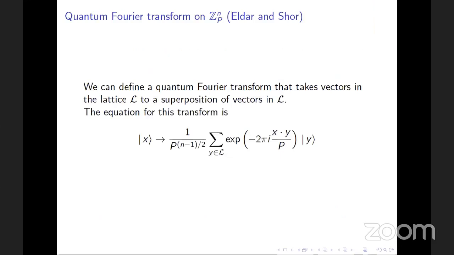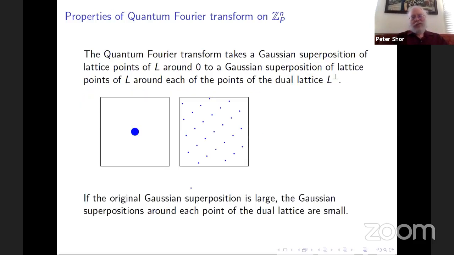If x times y is a multiple of p, then this is just 1. So maybe explicitly it's not mod p, but we're just applying it to the lattice vectors in the p to the n grid, and it's mod p, yeah.